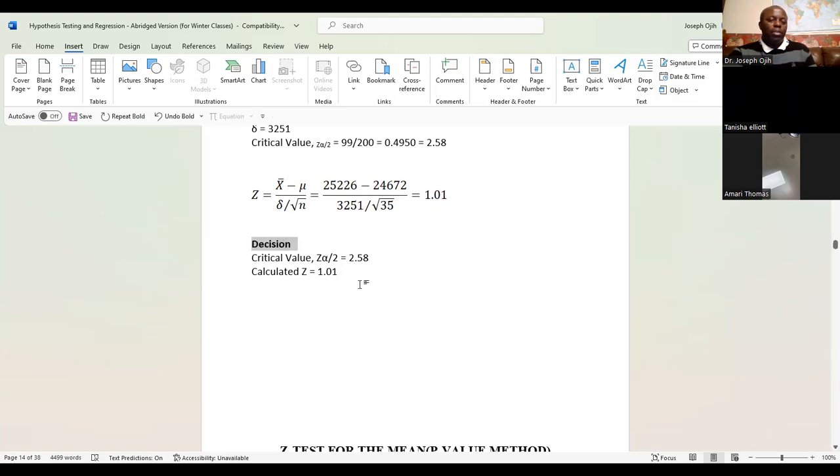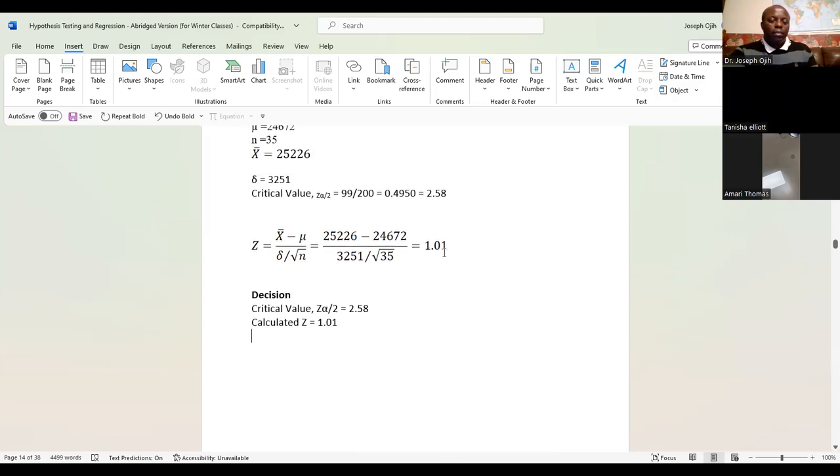Now our decision: remember, if the answer is in the critical region, meaning it's bigger, we reject. Look at this, our answer is less than the critical value, so we cannot reject the null hypothesis.